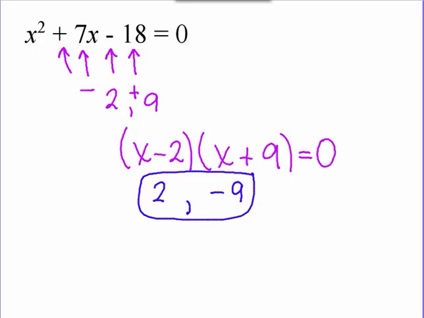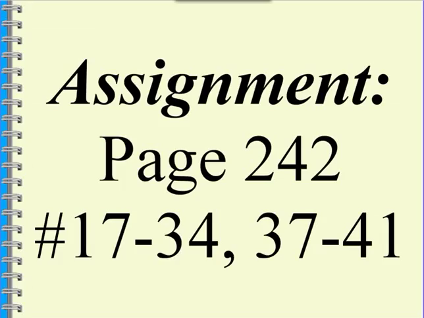Today's lesson is actually split over 2 days. Tomorrow we're going to look at what happens when x squared isn't 1, when we would have something like this: 2x squared minus 3x minus 5 equals 0. We're going to talk about that tomorrow. What you can do is this is your assignment to start with. This will be due Thursday.